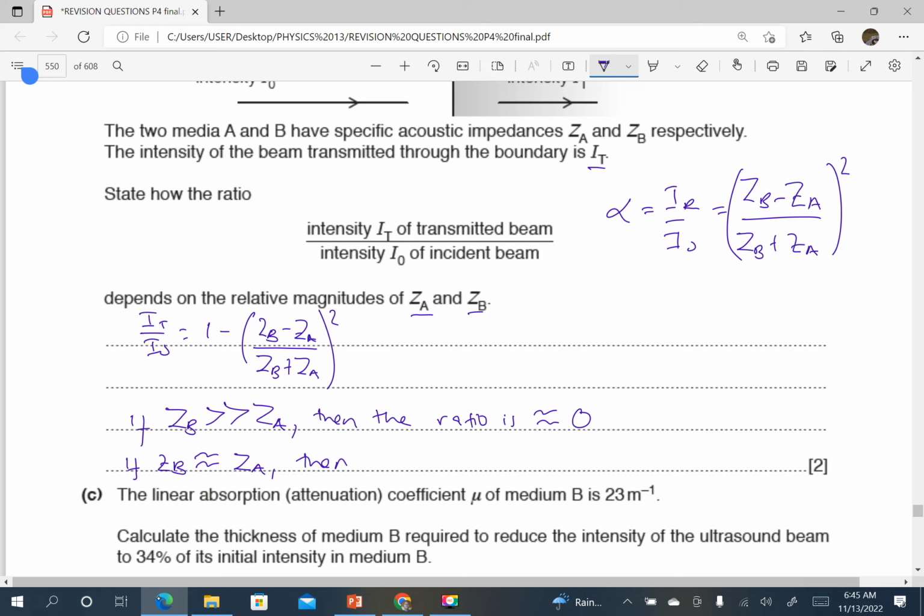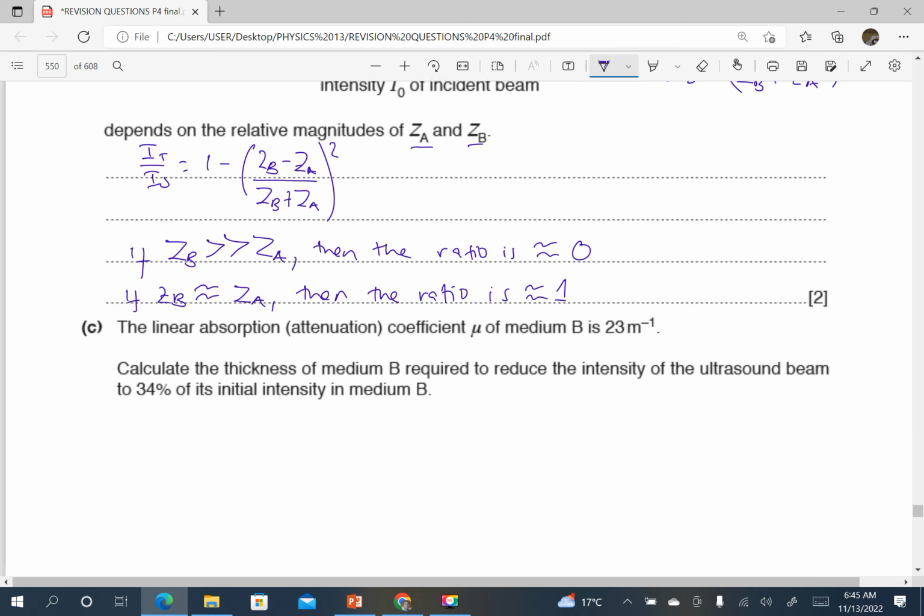So the ratio is approximately 1. That is how the intensity IT over I naught depends on the relative magnitudes of the Z values.